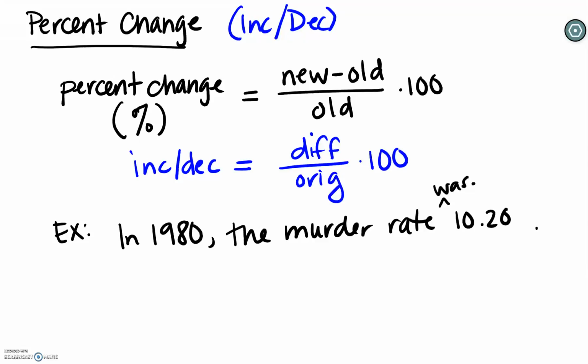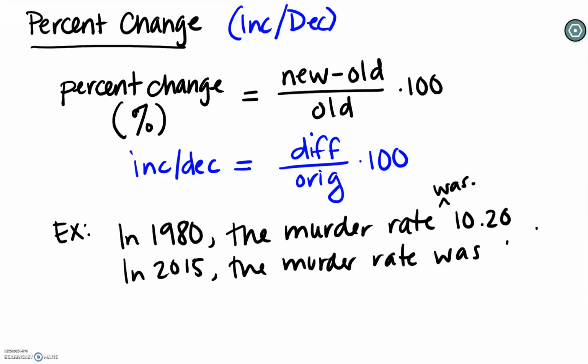Cool. And in 2015, the most recent date on this graph, the murder rate was 4.90. So we clean this up a little bit. All right, so we got these two.